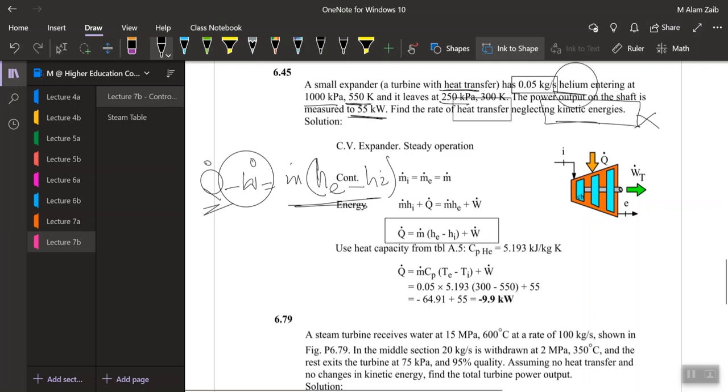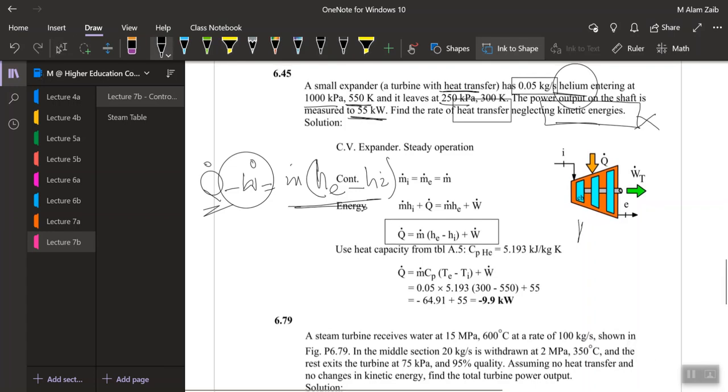For helium, which is assumed to be an ideal gas, if you remember, the change in enthalpy was equal to Cp delta T. So we need to find the Cp of helium, just find it from the table anyway. So for helium, Cp is equal to 5.193 kilojoule per kg Kelvin.